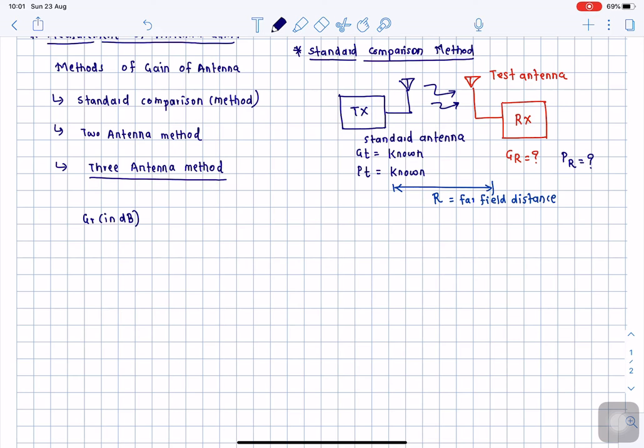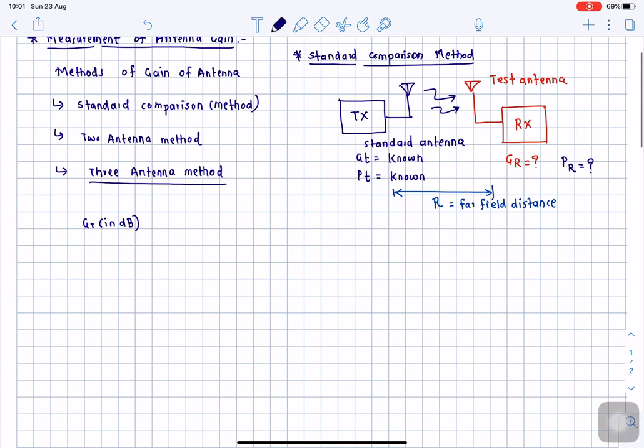in the comparison method. So the gain of the receiver antenna is equal to the gain of the standard antenna. I will make use of the convention of the same values, GR and GT.